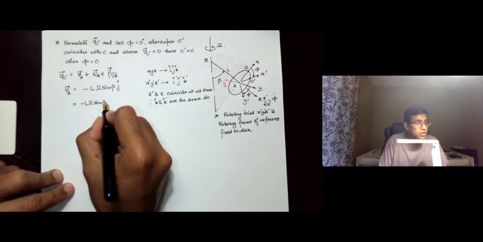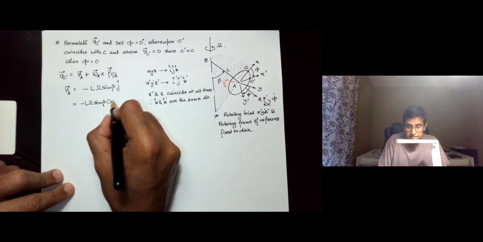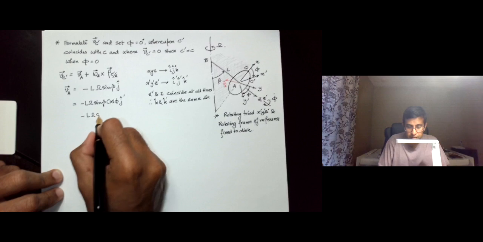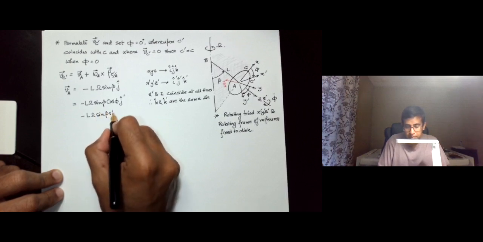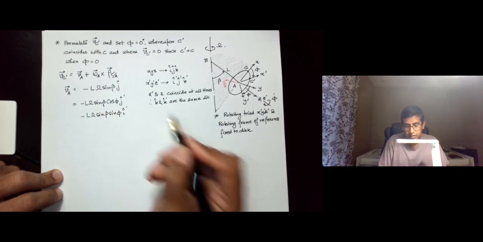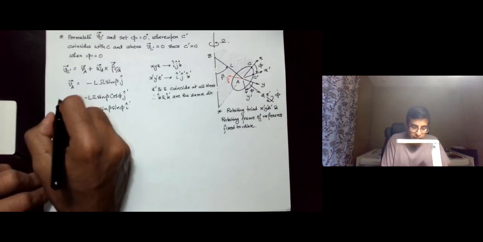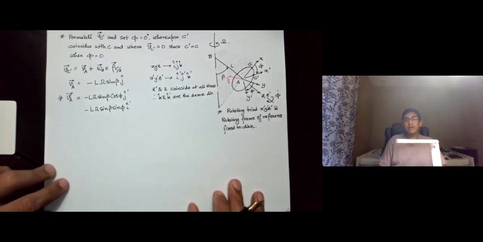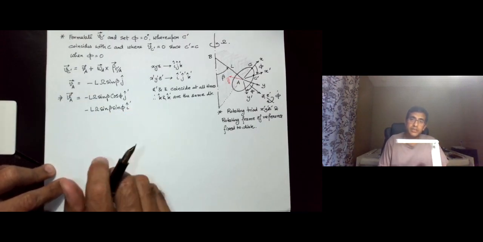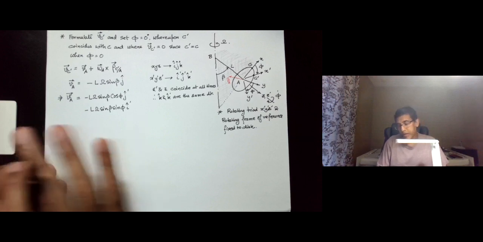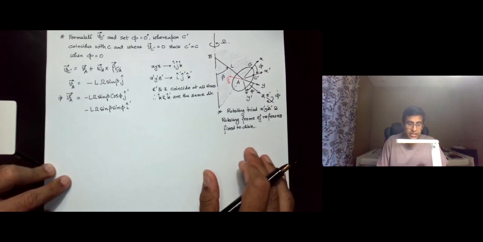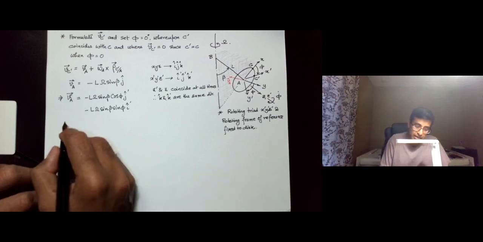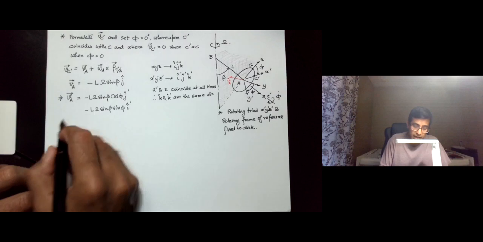So that's our formulation for VA. Note that at this point we are not going to make any substitutions for phi. Once we have found the overall velocity expression Vc prime, it is at that point that we make those substitutions. So we have VA.